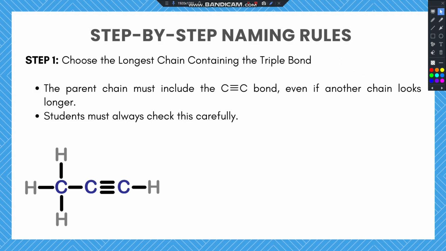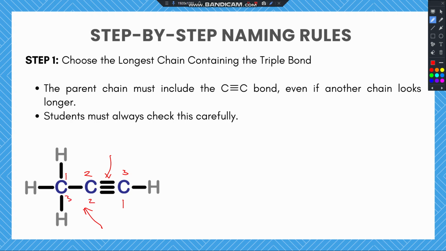So now that we know what alkynes are, it's also important to know the step-by-step procedure for giving them their names. The first thing to do when you want to assign a name to an alkyne compound is to choose the longest chain that contains the triple bond. So we have this structure denoted over here. The first thing to do would be to choose the longest possible chain that contains this triple bond, as you can see over here. So we could start by counting from here 1, 2, 3, or we could count from the right to the left 1, 2, 3.